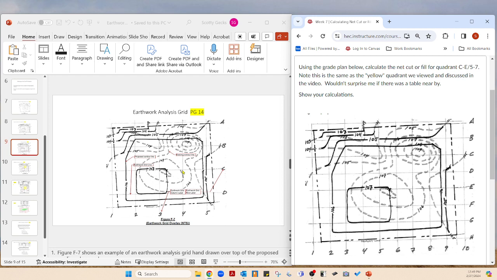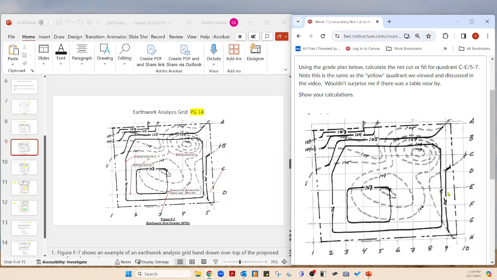Let's keep those separated for now because all of this is a grid, but this is the quadrant right here, CE 5, 7.